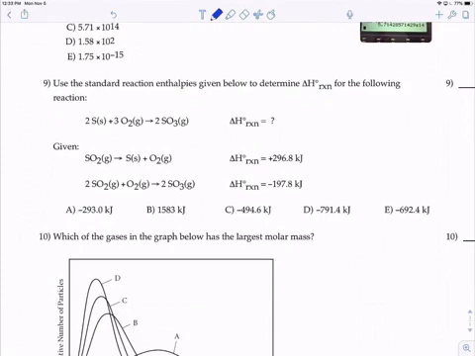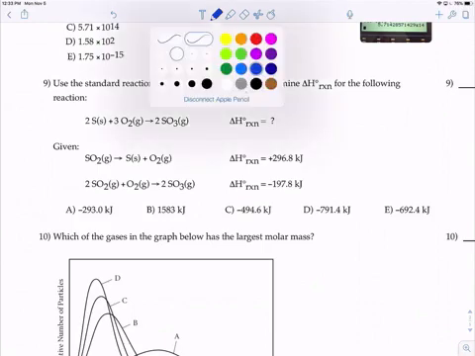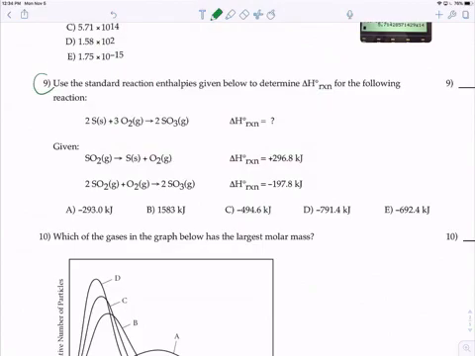Use standard reaction enthalpies to determine the delta H reaction for this reaction. Okay, so we have 2 S plus 3 O2 makes 2 SO3. When we look at this, this is Hess's law, if you remember talking about Hess's law.